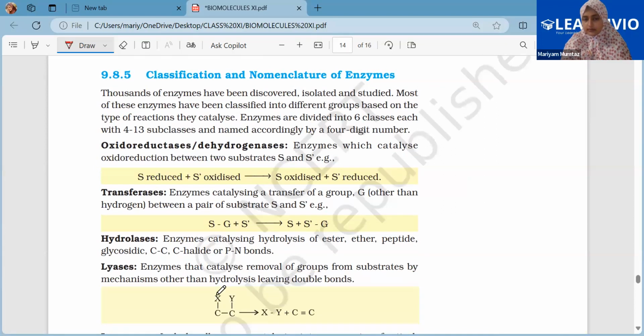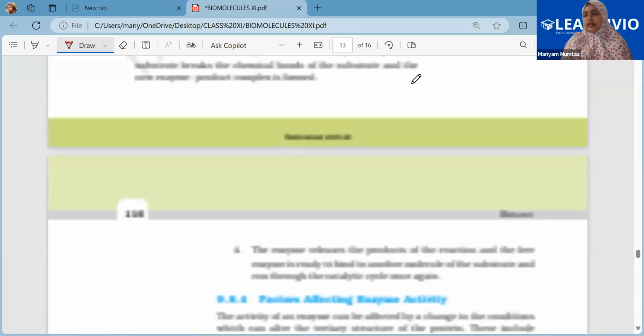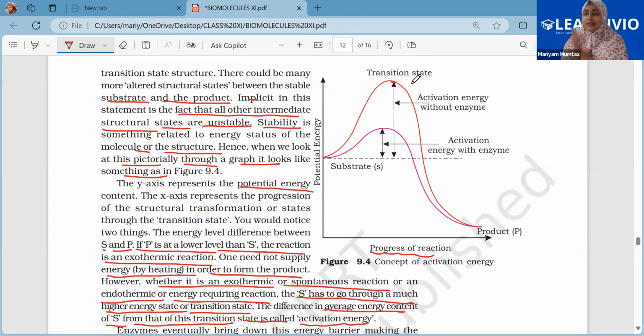Ma'am, what kind of questions will they ask us related to these graphs? See, here they can ask you where the activation site is decreasing, where it is increasing, and for example, if they did not label anything, they can ask you what is on the y-axis, what is on the x-axis.